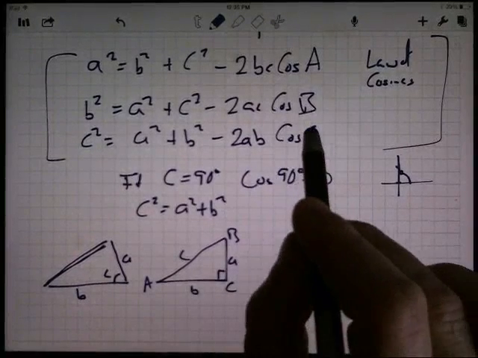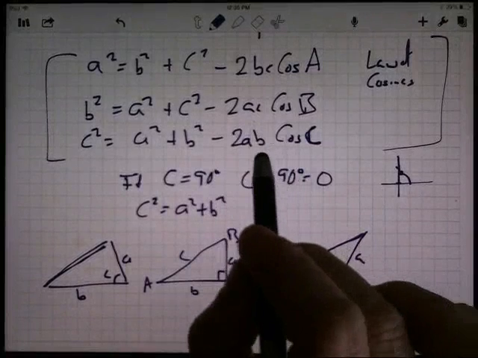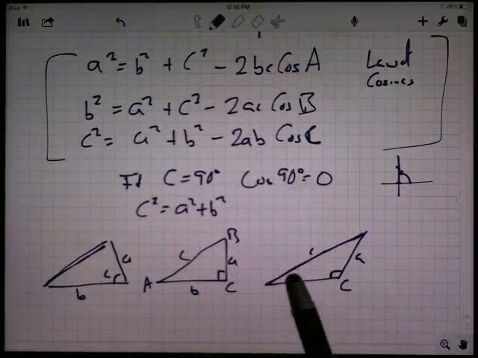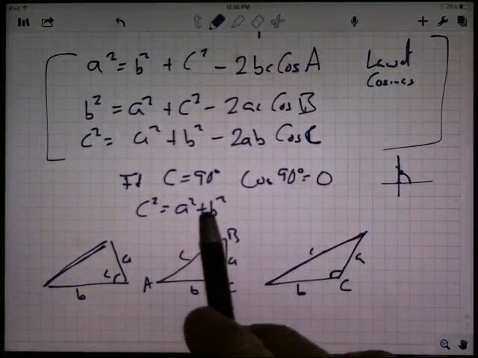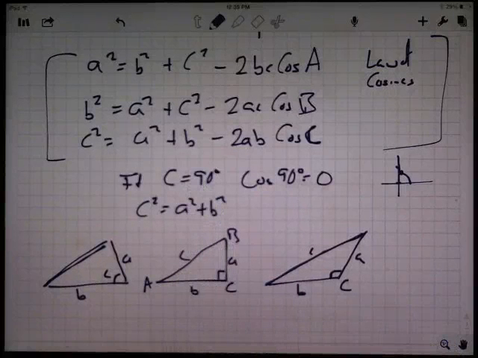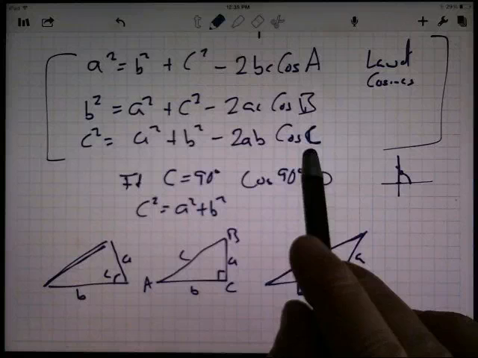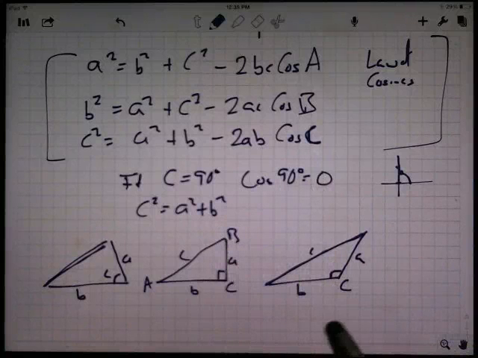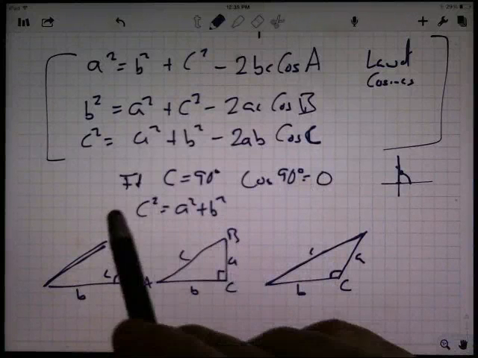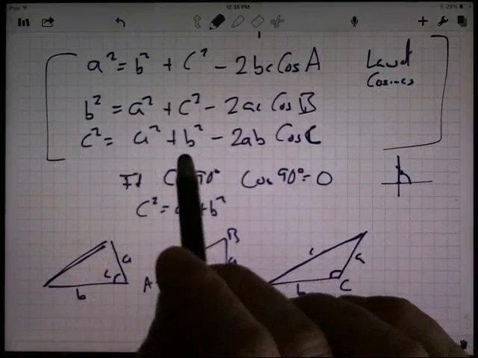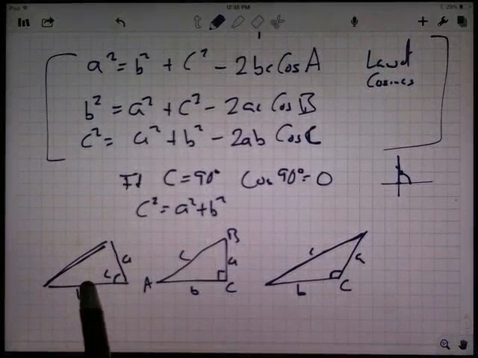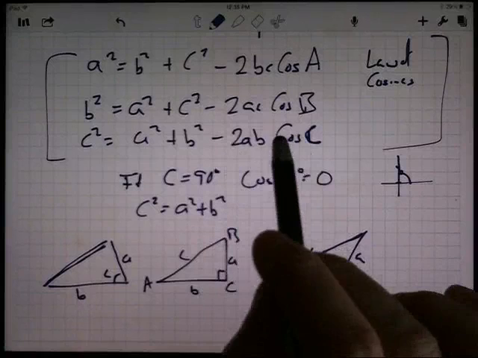So cosine is negative, and I'm subtracting this negative, which is actually going to be adding something on. Right? So the law of cosines is a generalization of the Pythagorean theorem. If the angle here is 90 degrees, then you're talking Pythagorean theorem. If it's not 90 degrees, then it's compensating. That c squared is not a squared plus b squared. It's either a little bit smaller or it's a little bit bigger, and this takes that into account.